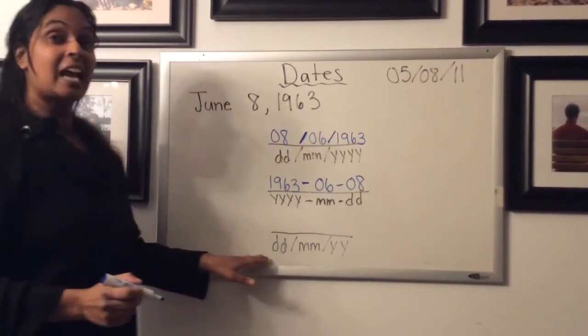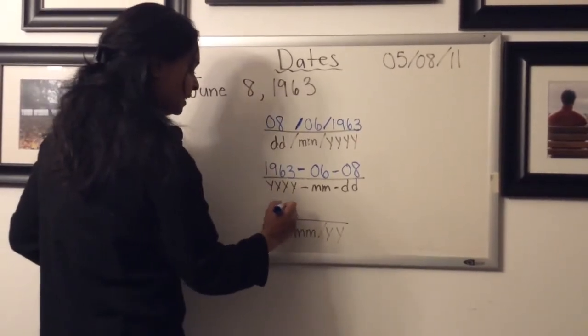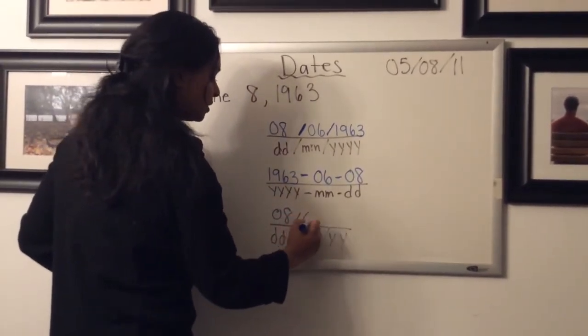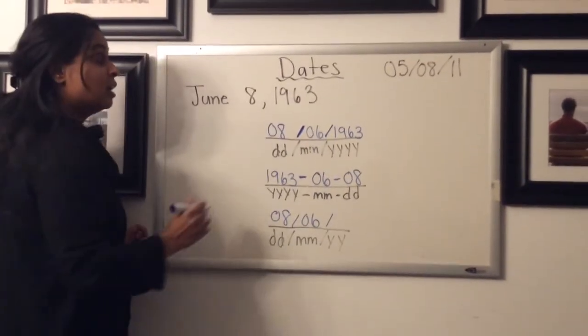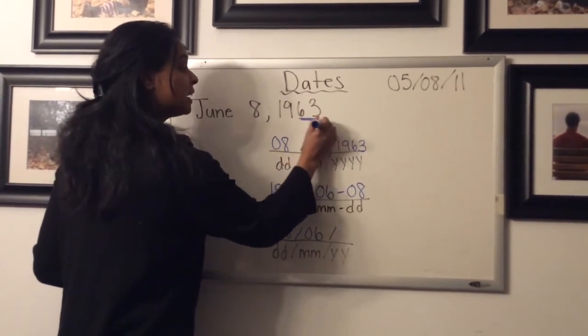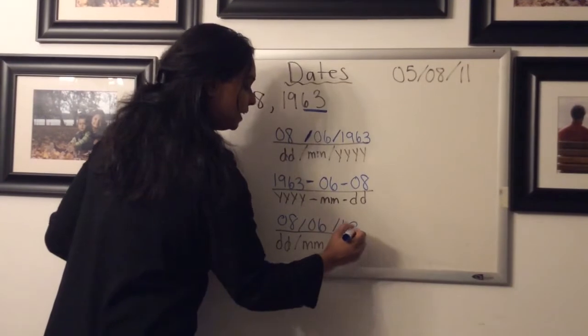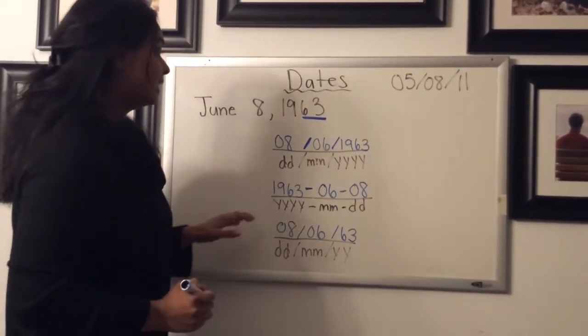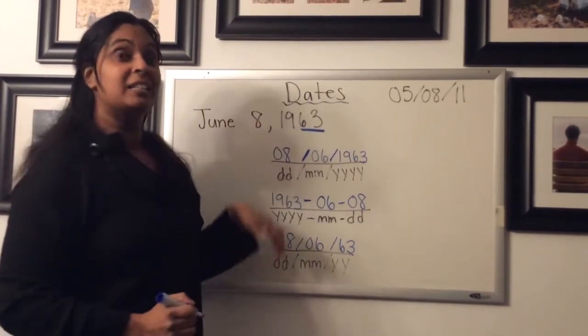Now here it is again in a different way. This time it wants the day, which is 8, the month, which is 06, and then the year only has 2 numbers. So what they'd want you to do is take the second 2 numbers here, 63. Like that. Now, there's definitely better ways than others.